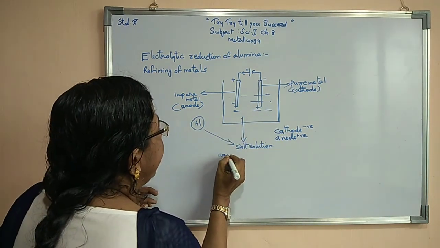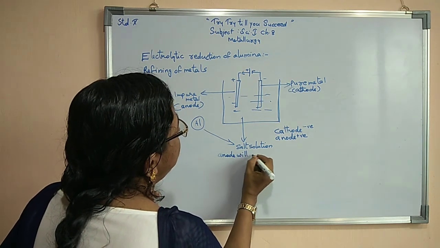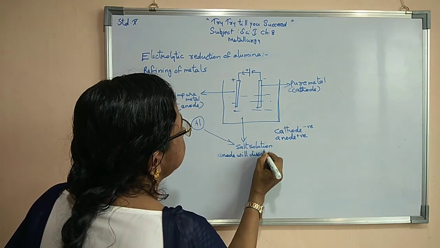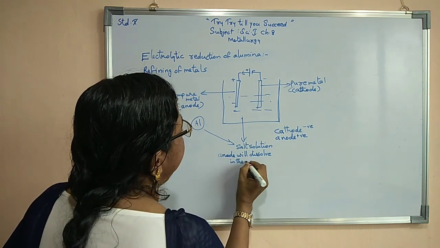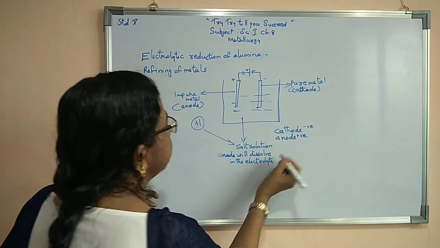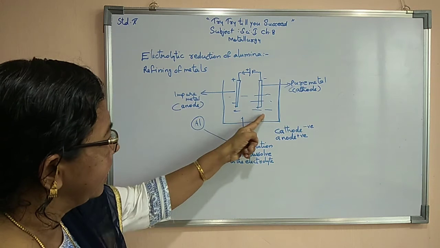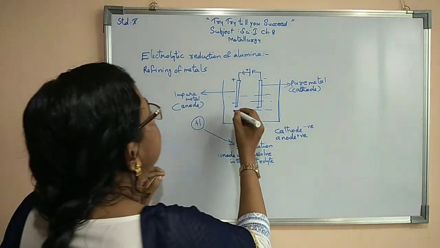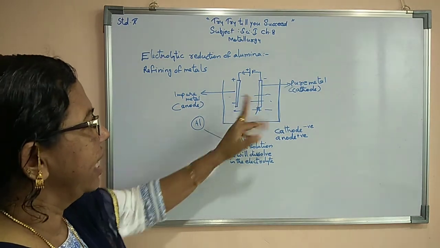As and when current flows through this electrolyte, we can find that this anode will dissolve inside the electrolyte. So the anode, that is the impure metal, will dissolve in the electrolyte, and through this electrolyte it will go towards the cathode.